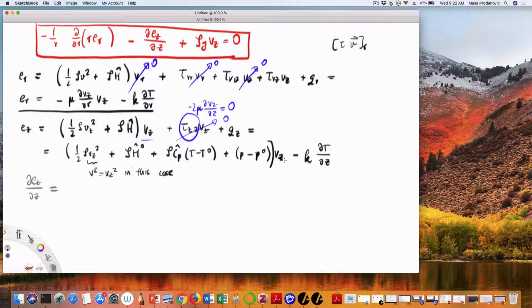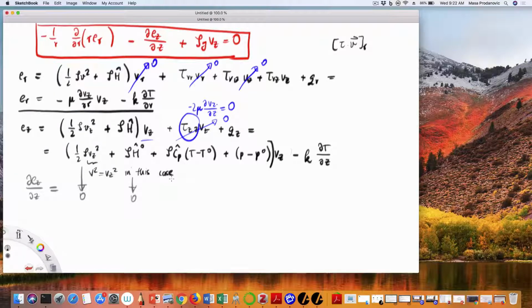This term, when I multiply it with Vz, is going to be 1/2 rho Vz cubed. When I do a derivative with respect to z, I'm just going to say it goes to 0, just to shorten the writing a bit. The same here, it's a constant times Vz, so this one will go to 0. Okay.